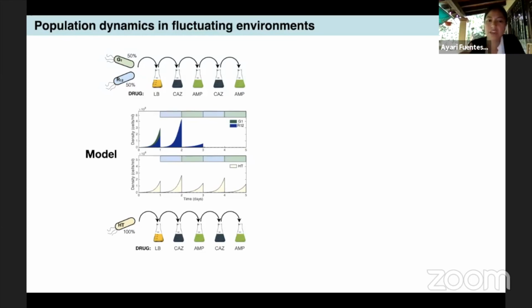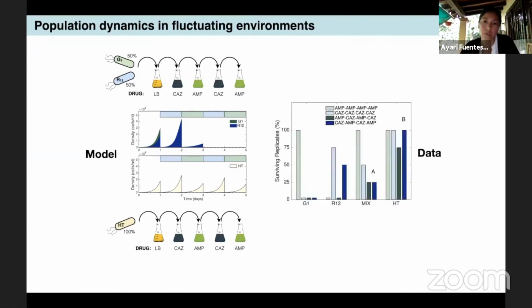But when you have the HT, as we see, both of the genes are there, so you can rescue the population. So they become more resistant to fluctuating environments. This is all the experimental data, where we have the four populations: the U1, the R12, the mix, and the HT.